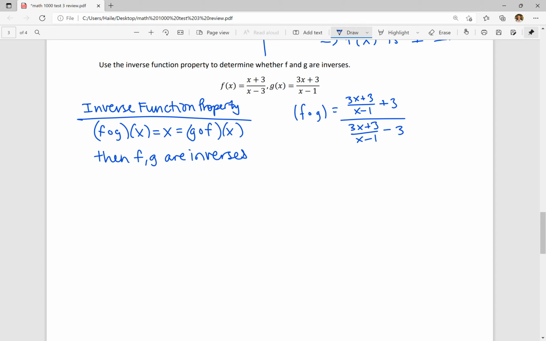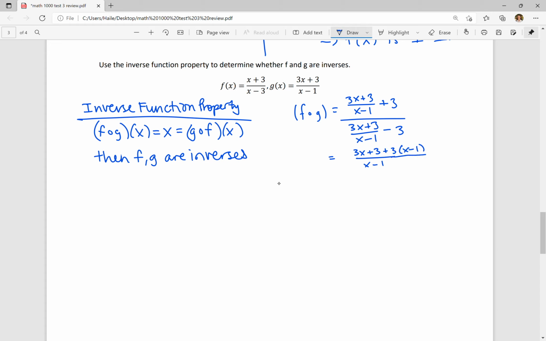Now we just have to simplify this horrible fraction. On the top, we can get a common denominator of x minus 1. Since the first fraction already had that denominator, it's still going to stay 3x plus 3. Since the second number was missing it, we're going to multiply it by x minus 1.